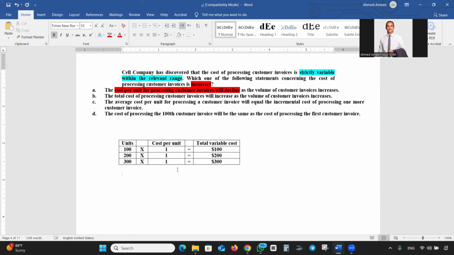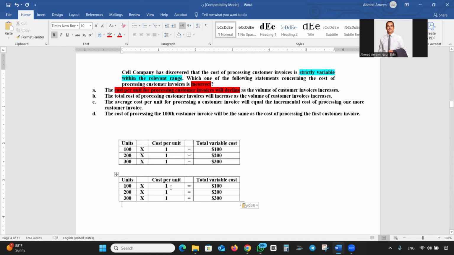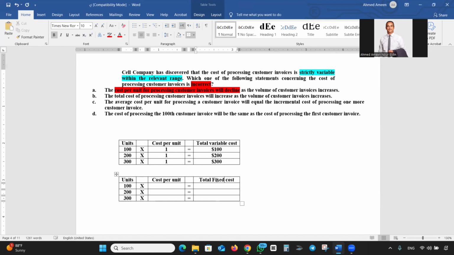Before we discuss it, I have to tell you the shape of fixed cost. If we produce 100 units, let's imagine that the total fixed cost, which is not in the question, is 3,000. And it will remain the same because it is a fixed cost.